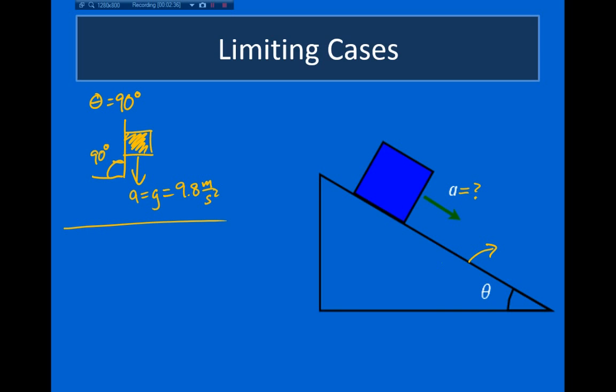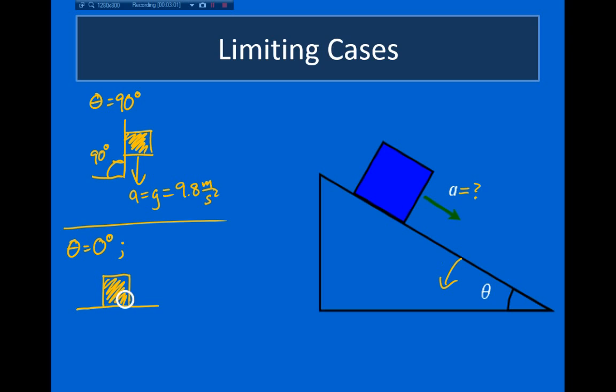Now the other limiting case happens in the opposite scenario. As you can see, as the angle decreases, and as this ramp becomes shallower and shallower of an incline, the acceleration down the ramp is going to become slower and slower. Eventually, we're going to run into a scenario where the box isn't even really on an incline anymore. It's just on a flat surface. This happens when the angle is equal to 0 degrees.